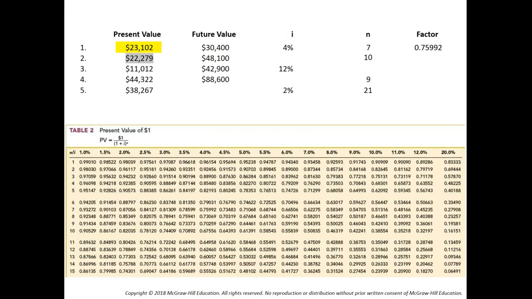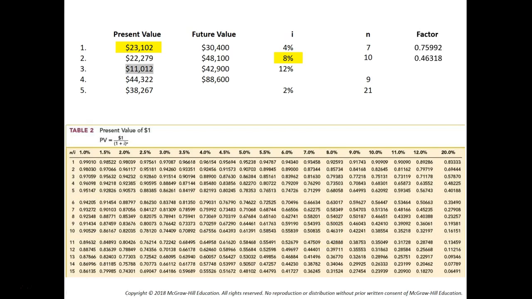Next, we know the present value and the future value, and based on that, we can calculate the factor, where the number of periods is 10, so we can calculate the interest rate in that scenario at 8%. 8% here, where the number of periods of 10 gives us our factor.